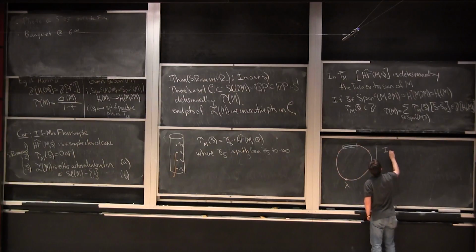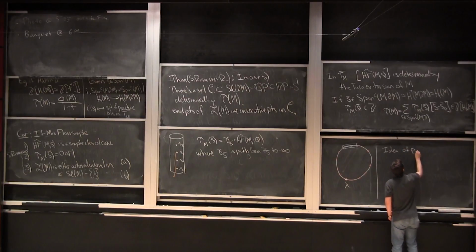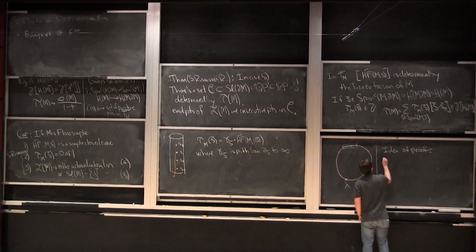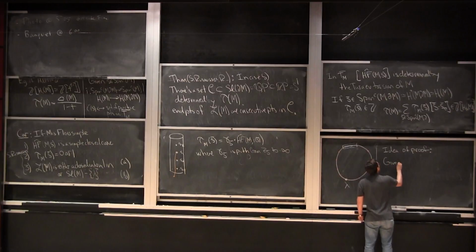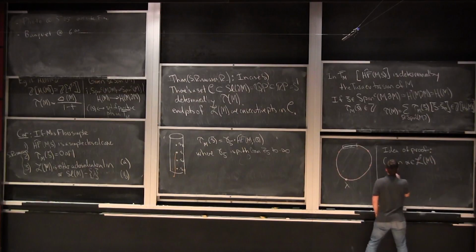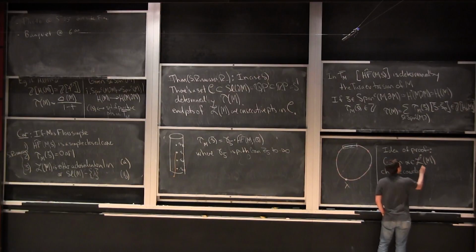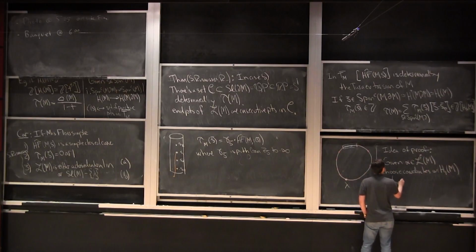So what's the idea of the proof? I'll start to prove it, and then we'll get the set C coming out. Given alpha in the interior of L of M, let's choose coordinates on H1 of M so that this line L alpha is just vertical.